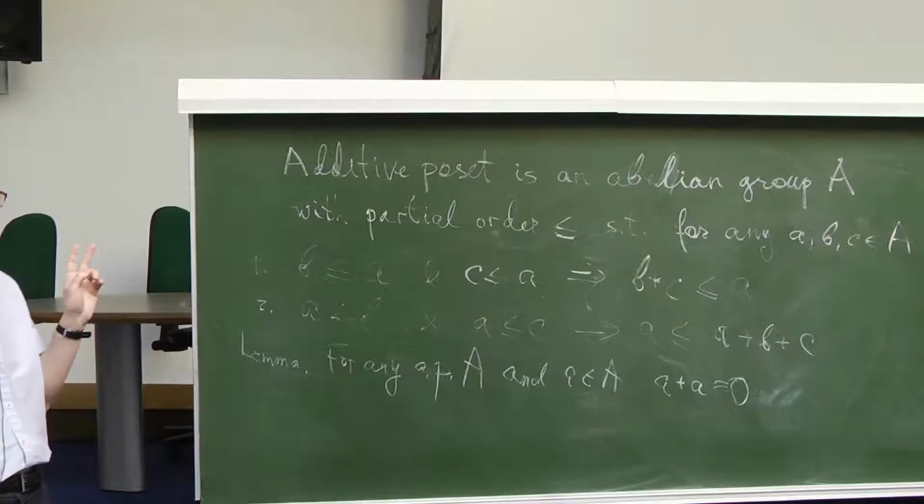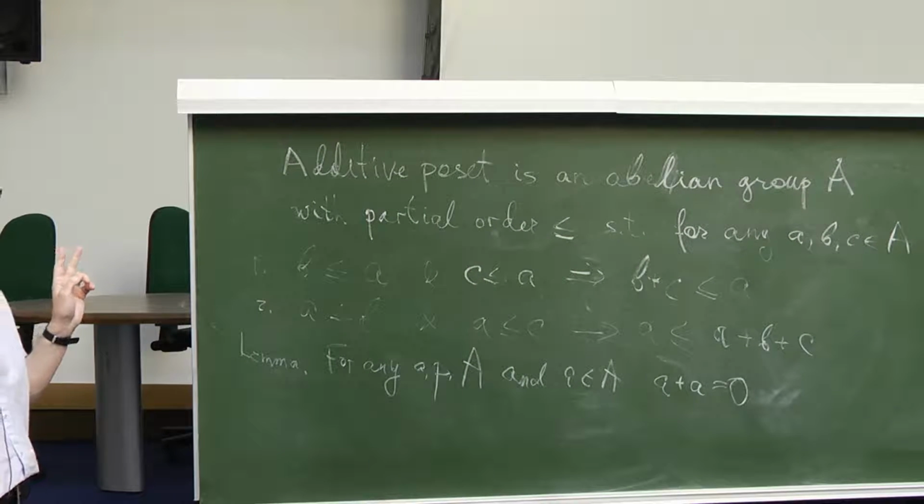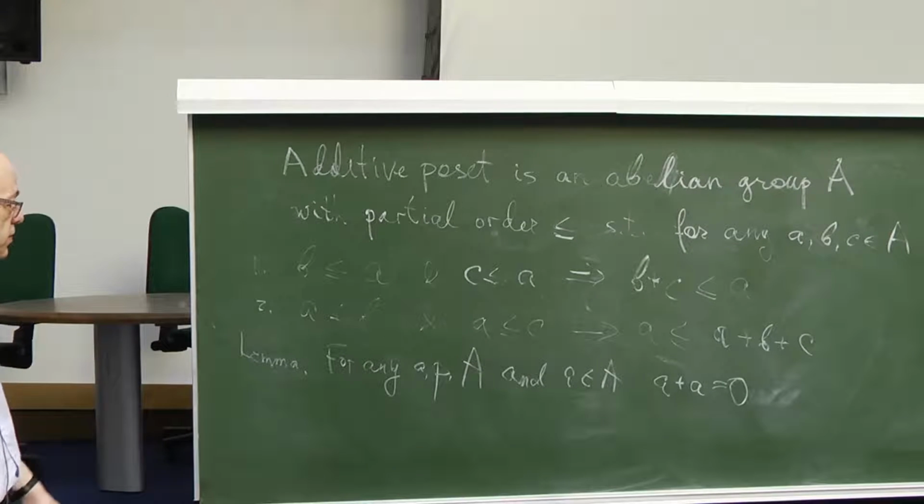In fact, it's necessarily a vector space over Z2, just a corollary of these axioms.